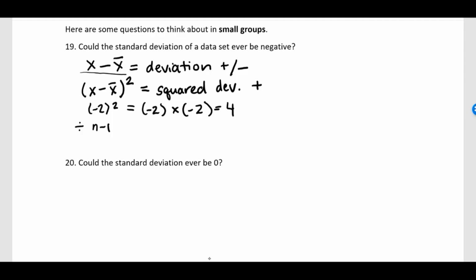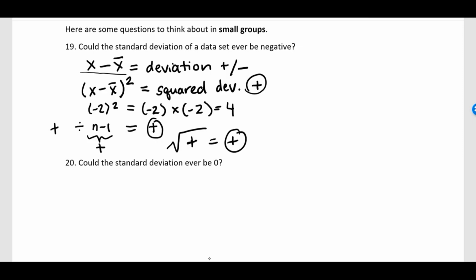So we're taking something positive, dividing by something else that's positive, and we get a positive. And then finally, we take the square root of it. The square root of something positive is going to be positive.